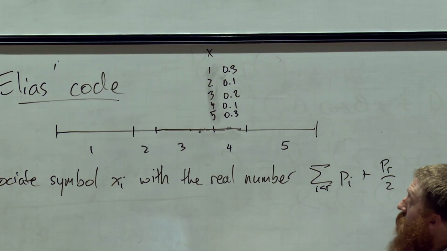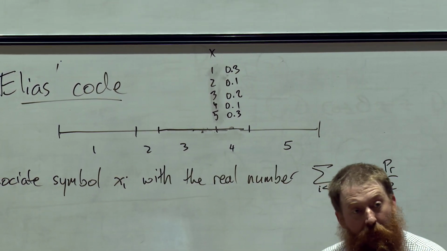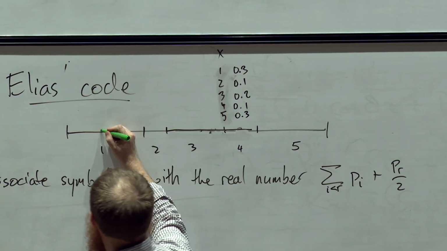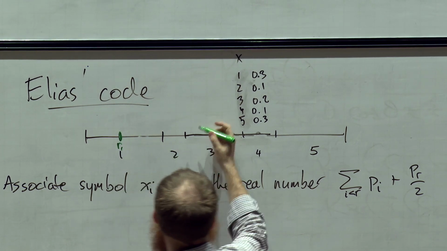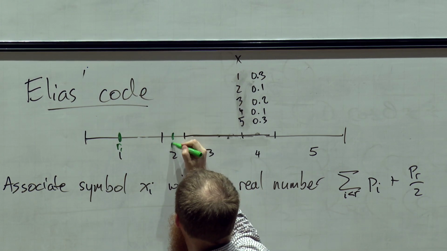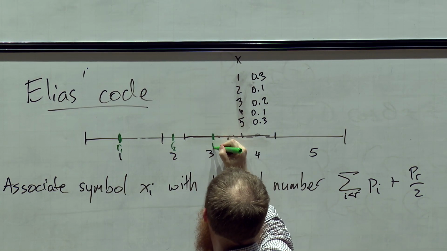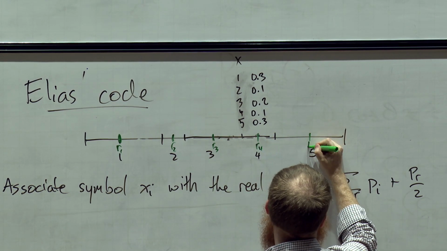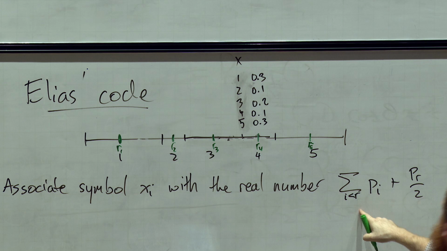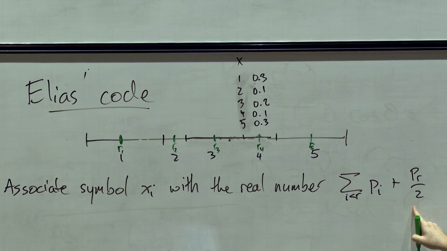So what I'm going to do, I'm going to take each of these intervals and I'm going to pick their midpoints. So this is going to be R1, this is going to be R2, this is going to be R3, R4, and R5. And that's all this formula does. This identifies the midpoint.